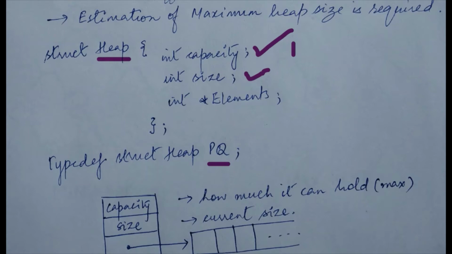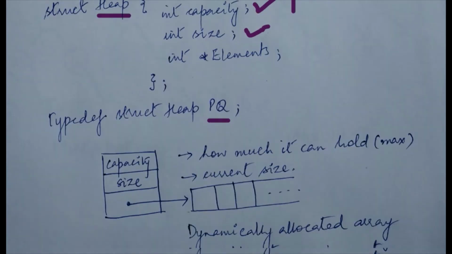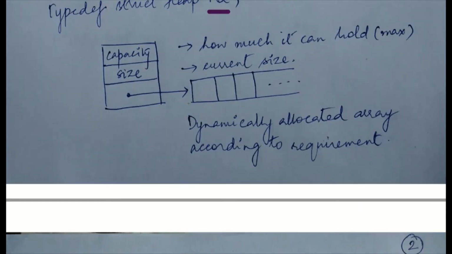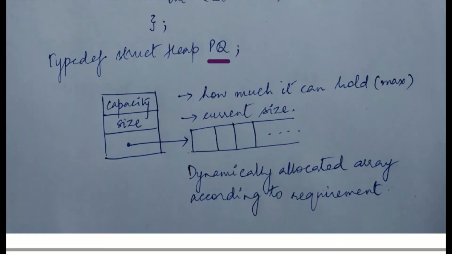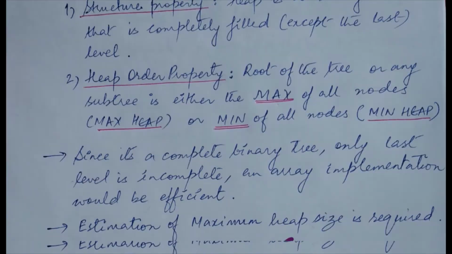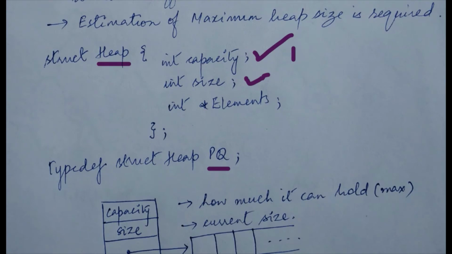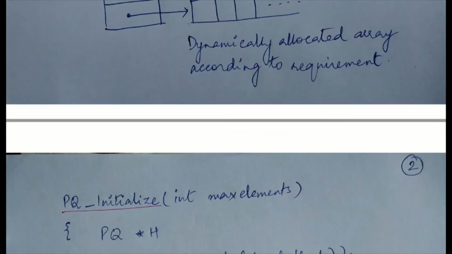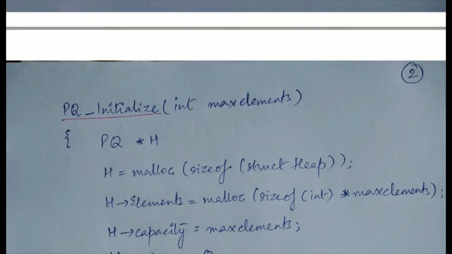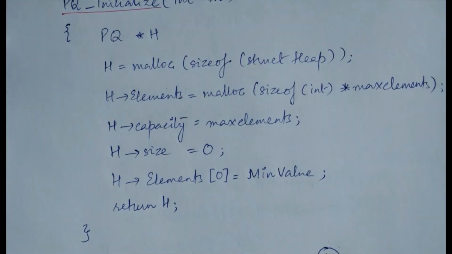So for now, let's name it pq. So to initialize, whenever I use pq, I will actually declare a structure of this type. So I don't need many of these structures. I just need one structure that can hold the pointer to the array, which I'm going to use in my tree implementation or heap implementation.